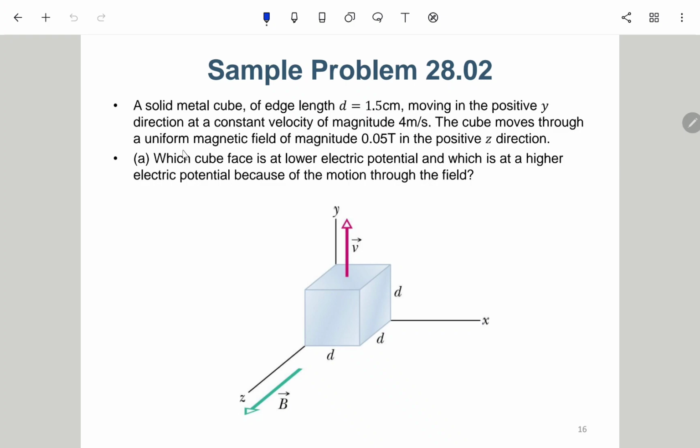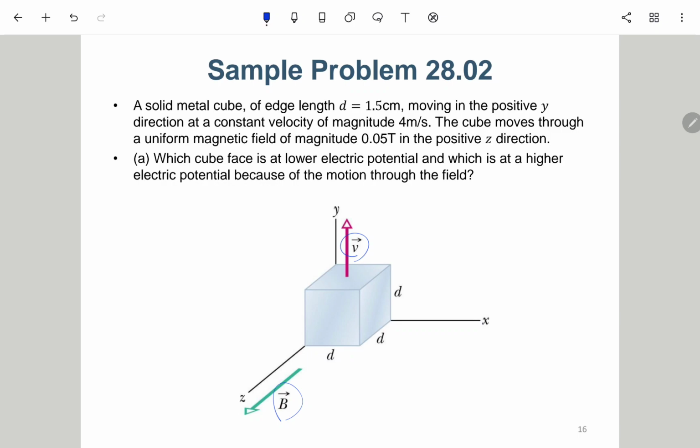The cube moves through a uniform B field of magnitude 0.05 Tesla in the positive z direction. Which cube face is at lower electric potential and which is at higher electric potential because of the motion through the field? Here we have a B field pointing in the positive z direction, and v pointing in the positive y direction.